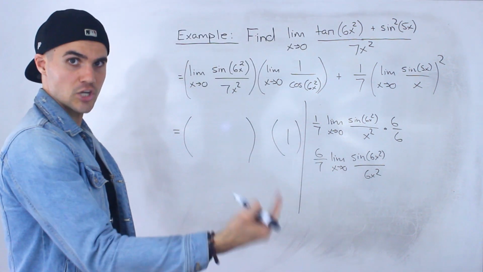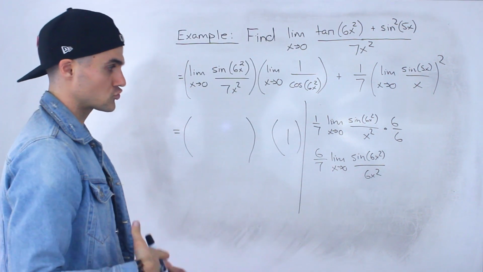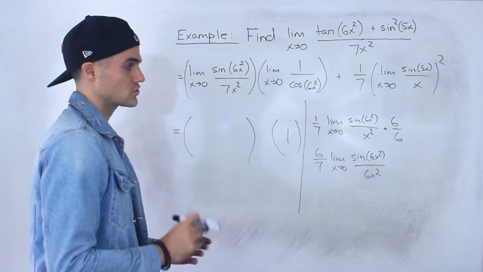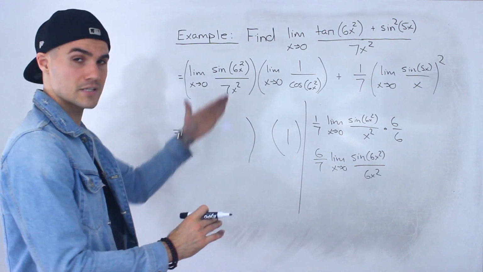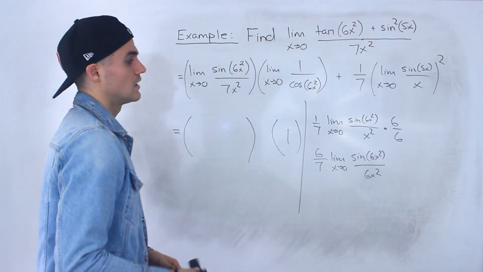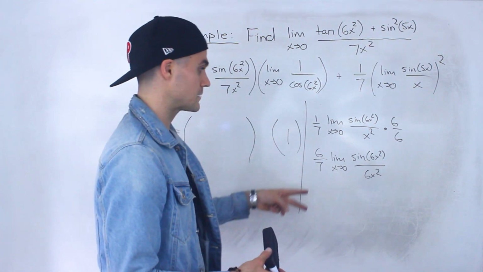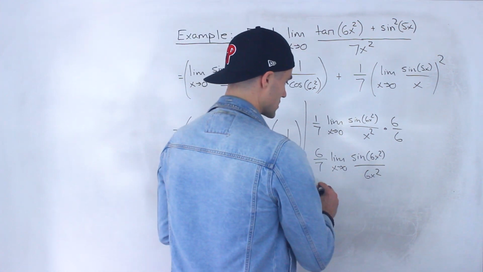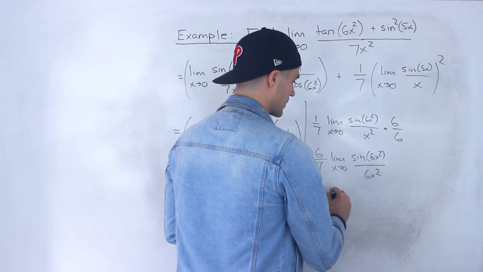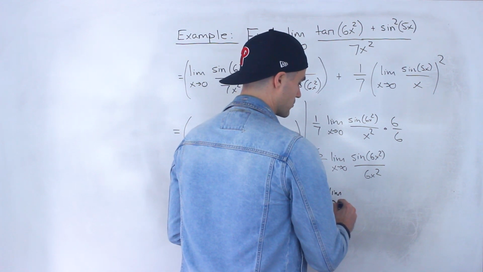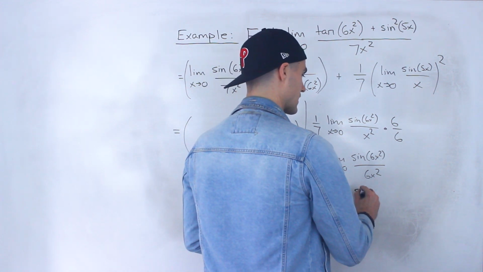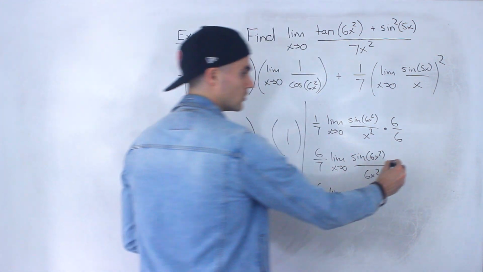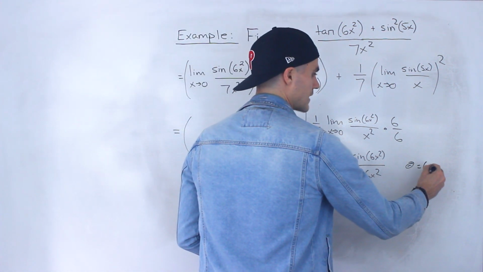Then we can do that change of variable that we did in the trig limits lecture videos, which I highly recommend you watch if you're not too comfortable with trig limits. I go over a bunch of examples and the fundamentals of how these limits work. Basically, we can change this to 6 over 7 times the limit as theta approaches 0 of sine of theta over theta, where we let theta equal that 6x squared.